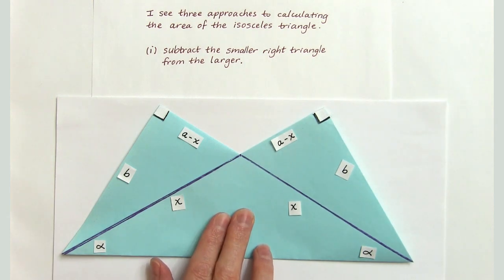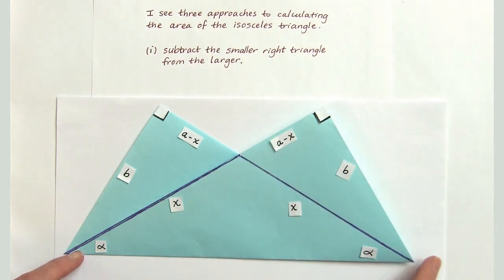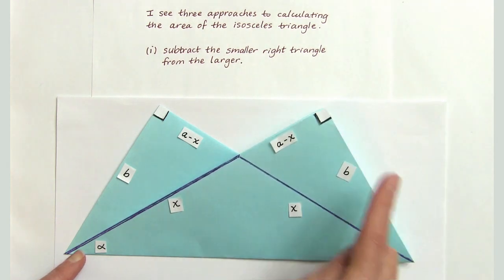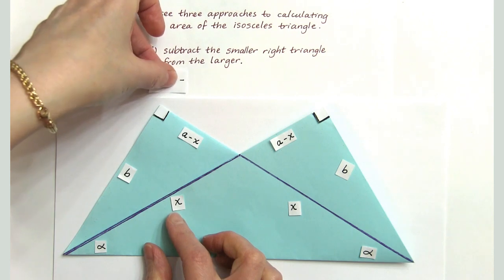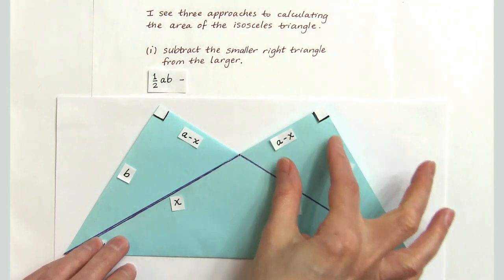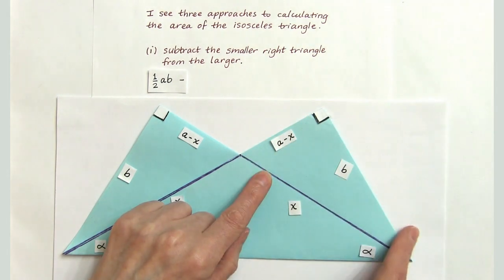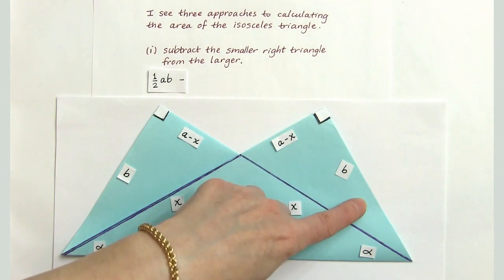So what is the area of the larger right triangle? It's 1/2 of its base b times its height a, so 1/2 of AB, and then subtract the smaller triangle, which is 1/2 of its base times its height, so that would be 1/2 of this base times this height.